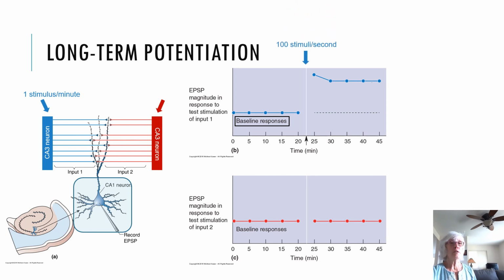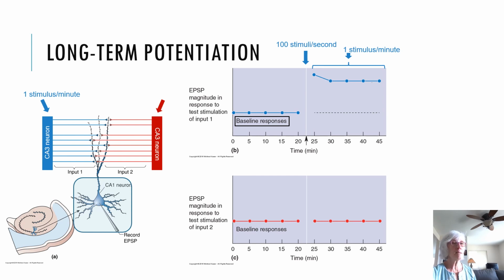And then what we're going to do is pulse by providing 100 stimuli per second, boom, boom, boom, like that. And then we're going to look at what is the voltage across the membrane as a result of that rapid response. And then we're going to return to this one stimulus per minute, and we're going to measure the EPSP every time one of these stimuli come in.